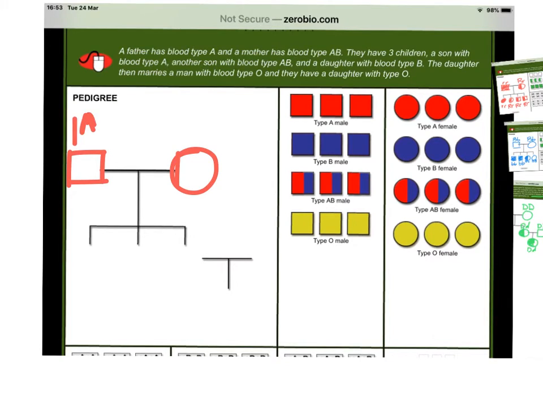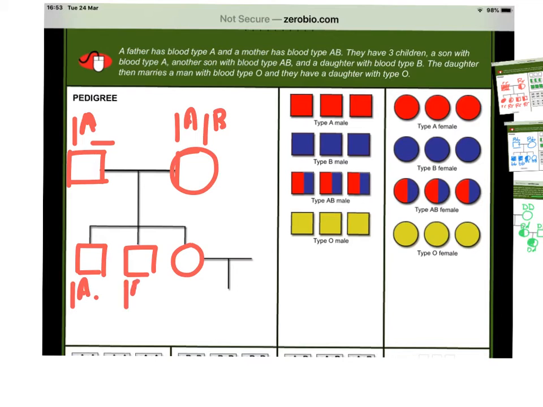Now, we don't know what his second allele is. Now the mother is AB, so we can definitely fill this in here like that. They have 3 children. They actually have 2 sons and a daughter. Now they have a son who's blood type A, and again we'll leave the second allele for now.